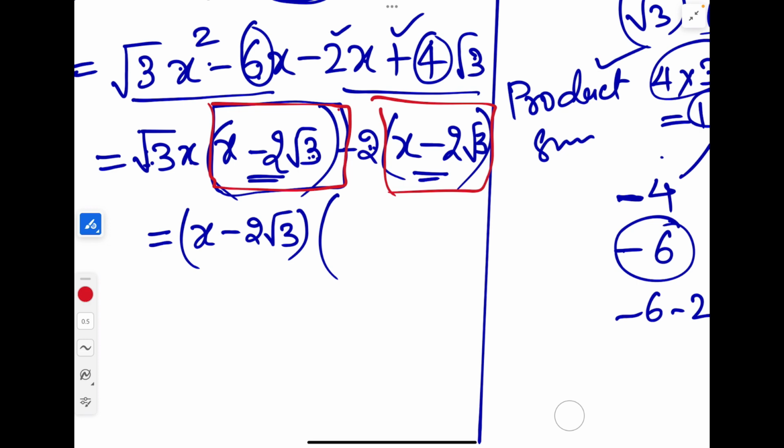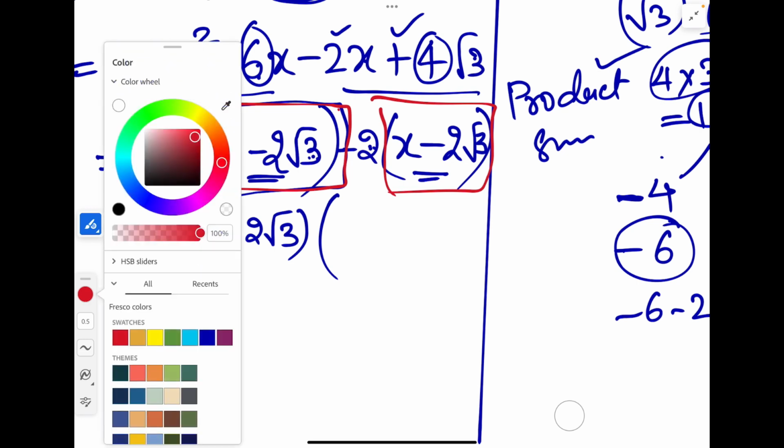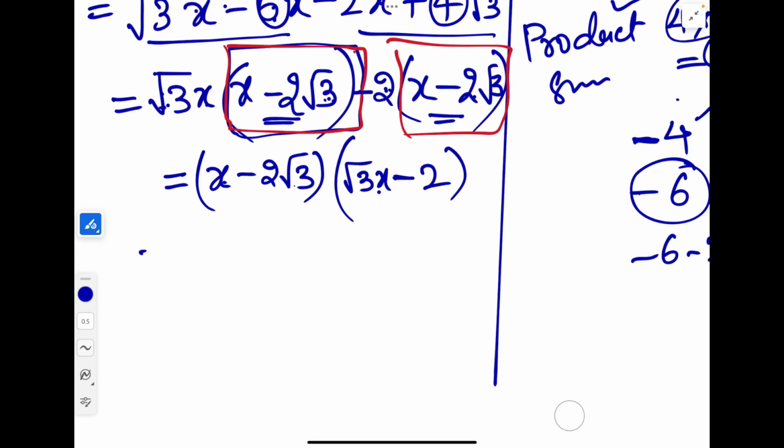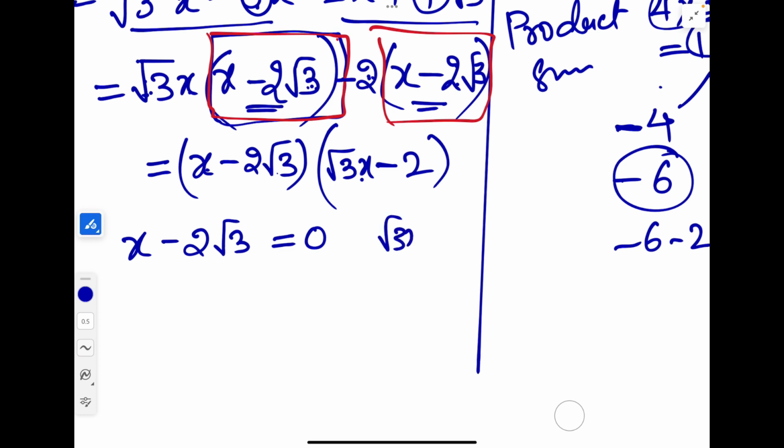Root 3x first term, and here this minus sign I'll put minus, this is common. So what are the two factors? X minus 2 root 3 and root 3x minus 2. Since we want the zeros of the polynomial, equate it to 0. First one is this, and second one root 3x minus 2 is equal to 0.